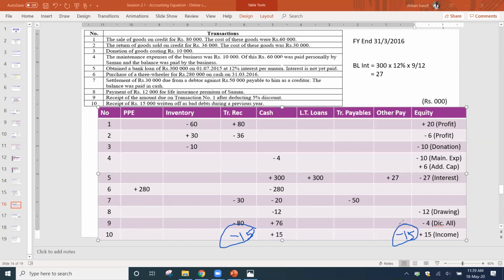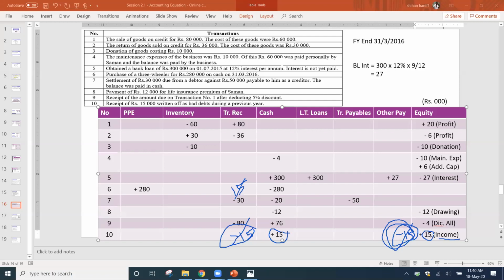If it is recovered, we had 15,000 there. Now you don't have that debtor. Now he is coming from nowhere and paying us that 15,000. So we receive cash, cash account increase. And since we have deducted that from the income statement, we add back as other income.